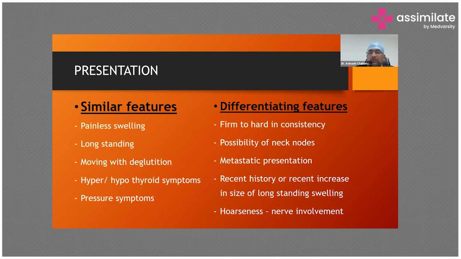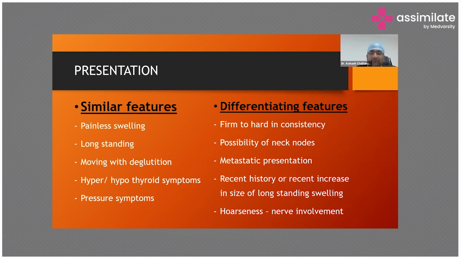In those situations it is obvious that it is metastatic from thyroid origin. Another clue is a recent increase in size in a long standing swelling, where a benign adenoma has undergone malignant transformation, leading to an increase in size and symptoms.